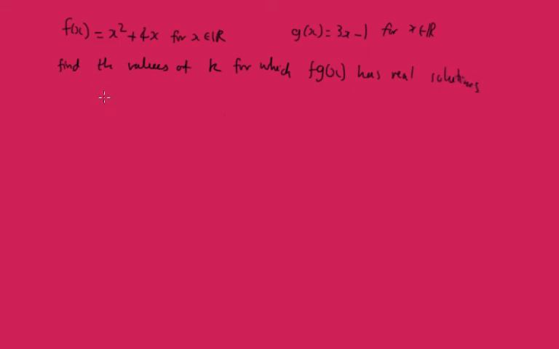So let's do f of g of x, which is going to be function f of 3x minus 1. So it's going to be (3x minus 1) squared plus 4 times (3x minus 1). Let's expand the brackets out.